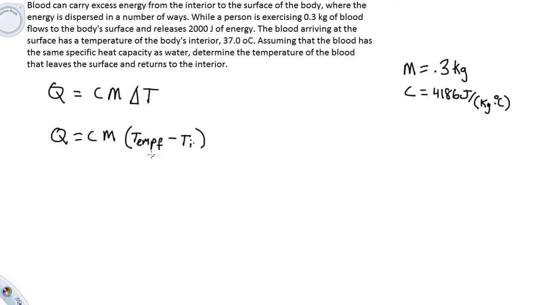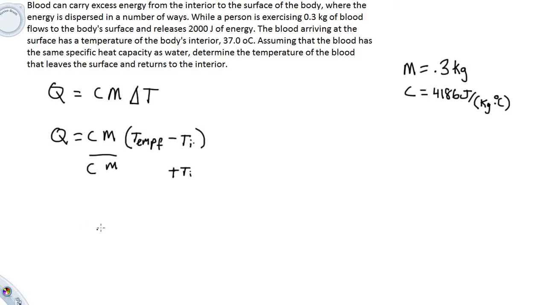So what we want to do is move it all around algebraically and then put in the numbers. So we are going to divide both sides by the specific heat capacity and the mass, and then we are going to add over the initial temperature.